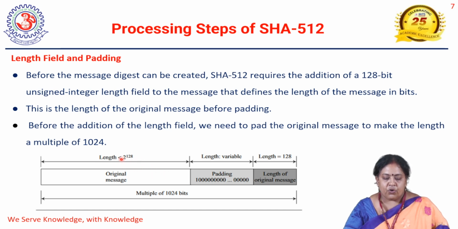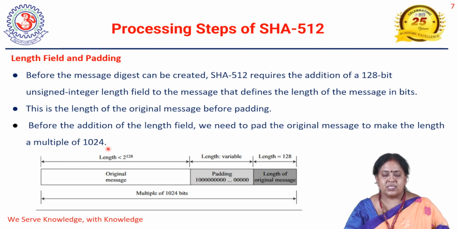Then what should be added before entering the algorithm? We have to add an extra 128 bits, which represents the length of this original message.